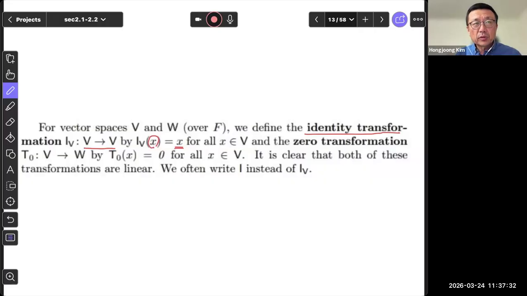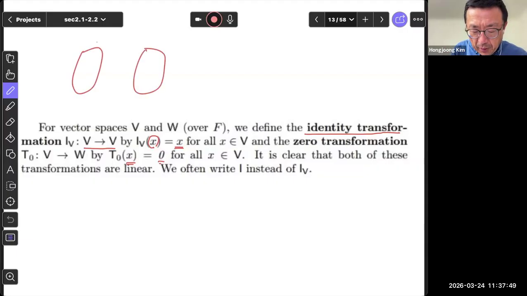Sometimes we want to consider a linear transformation from V to W, which maps every vector in the domain to 0. Okay, so in case of the identity mapping, I'm considering a mapping from V to V which maps x to x. Then that is called the identity mapping.